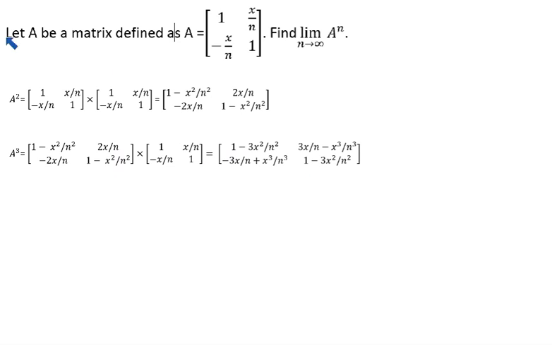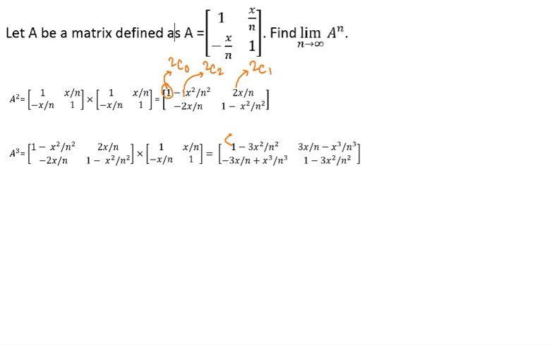Now we need to create a pattern out of it, and here the pattern is quite tricky. If you see that A square is 1 minus x square by n square, so this 1 is actually acting as 2C0, this coefficient 1 can be written as 2C2, and this coefficient 2 can be written as 2C1.